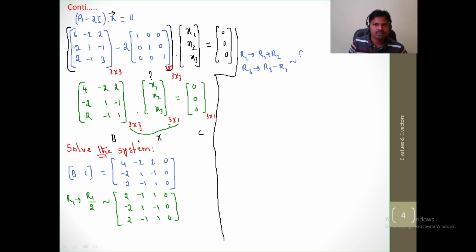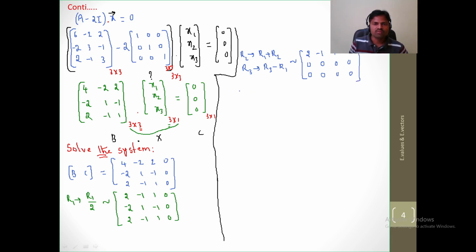This is perfect. Now let us write R1 as it is because it is not modified: 2, minus 1, 1, 0. And the second row is modified, a combination of the first row and second row: 0, 0, 0, 0. Wow, all are zeros. Next, R3 minus R1: 0, 0, 0, 0. All became 0.